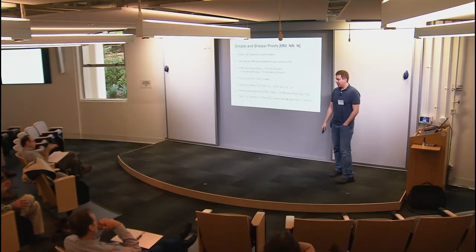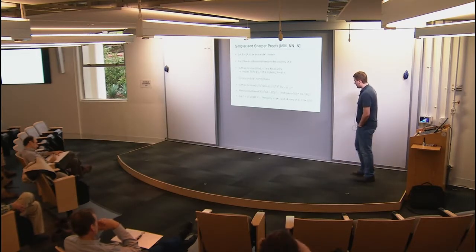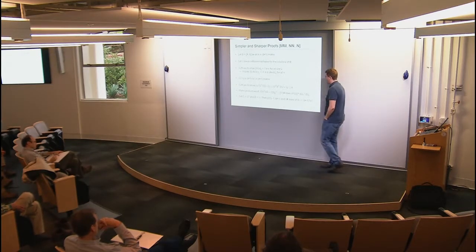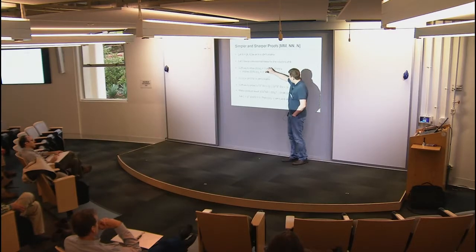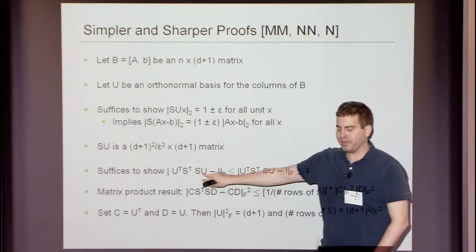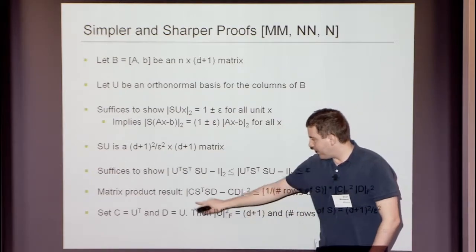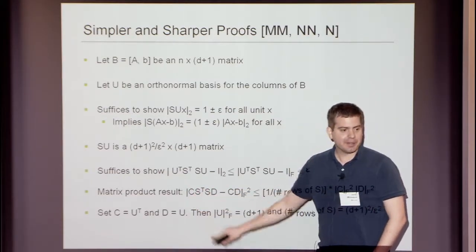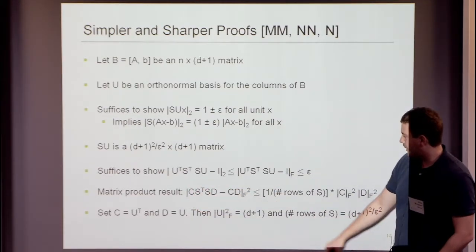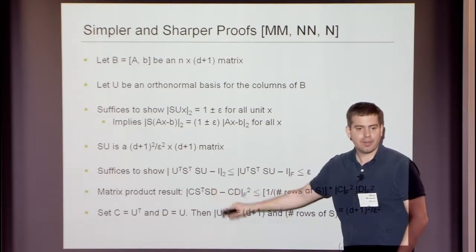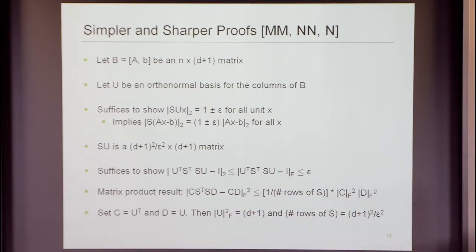As we said, in this chain of reasoning, we want to bound this operator norm. So we can plug in C equal to U transpose, and D equal to U. Okay?